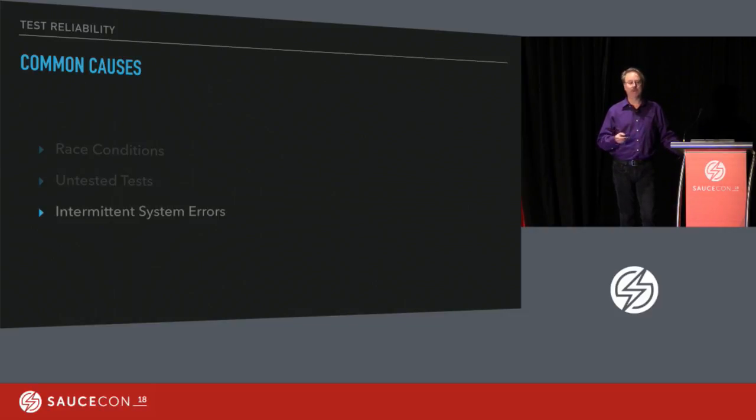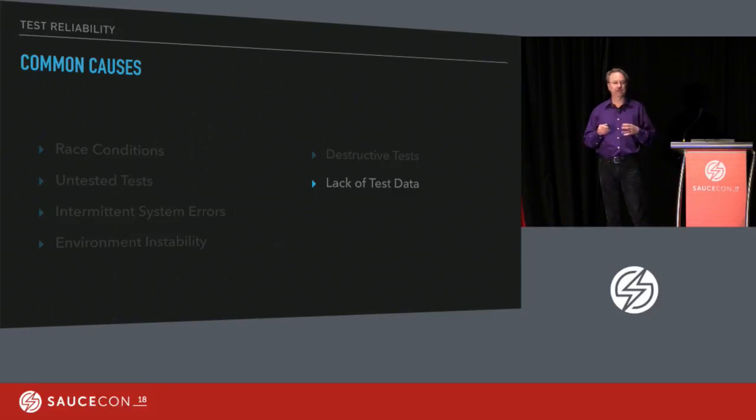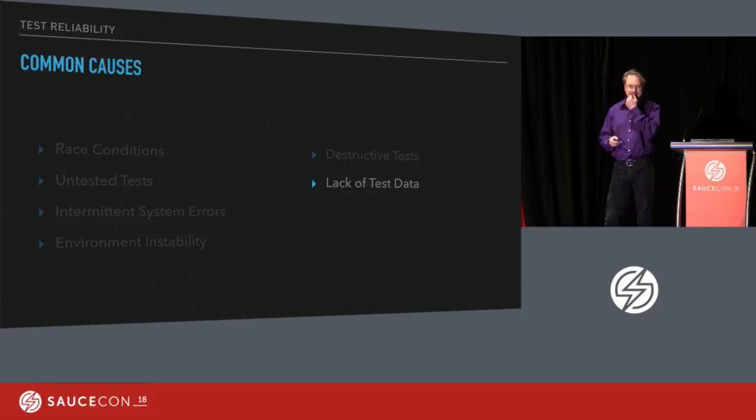Intermittent system errors. Well, of course, some of the reasons that your tests don't work is that you actually have issues occurring in the system itself, right? And the tests are like crying, please look, there's a problem, please look. Environmental instability. Destructive tests that are modifying the environment that you're testing in, and then that causes later tests potentially to have problems. Lack of good curated test data, right?